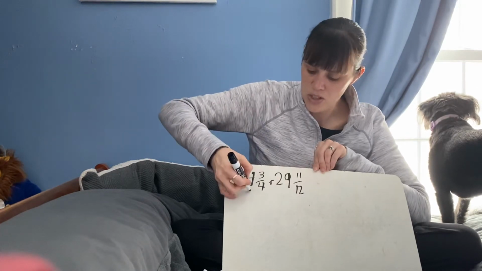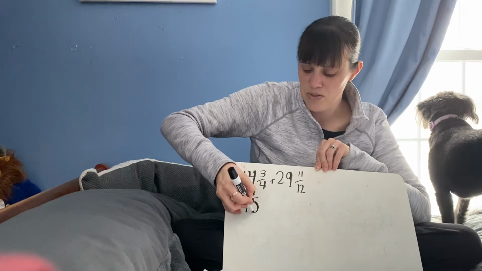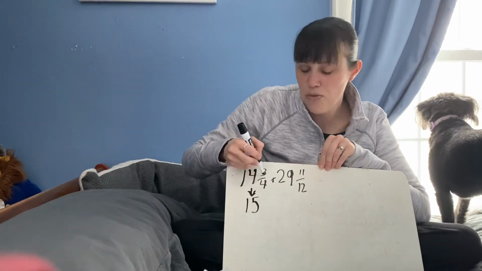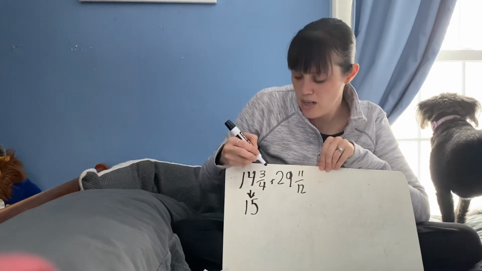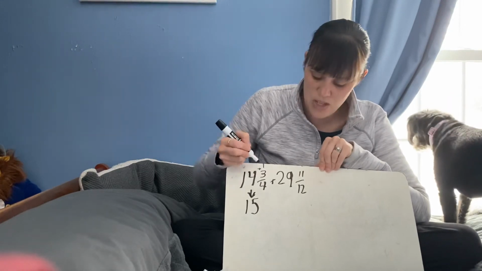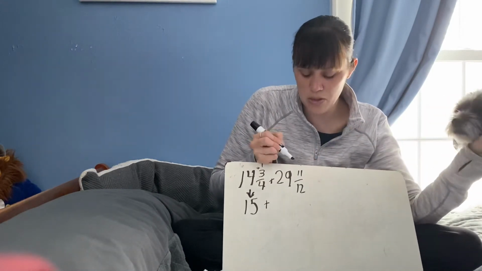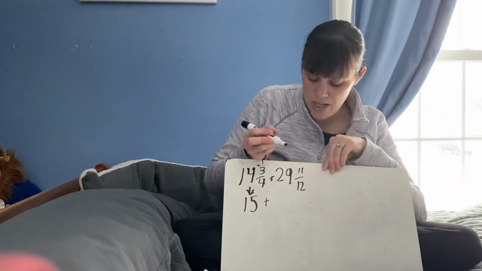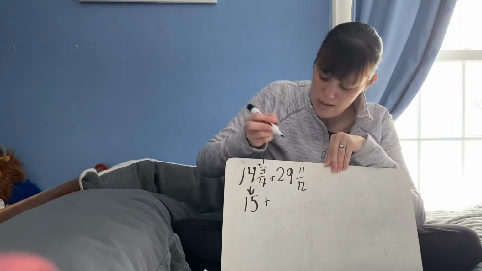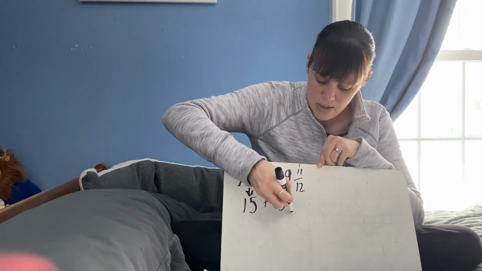So 14 3/4 is going to be closest to 15. How do I know? 3/4 is closer to 1 than it is to 0. So you basically do 14 plus 1 is 15. 29 11/12 is really close to 30, because this is basically closest to 1, and 29 plus 1 is 30. So we have 45.